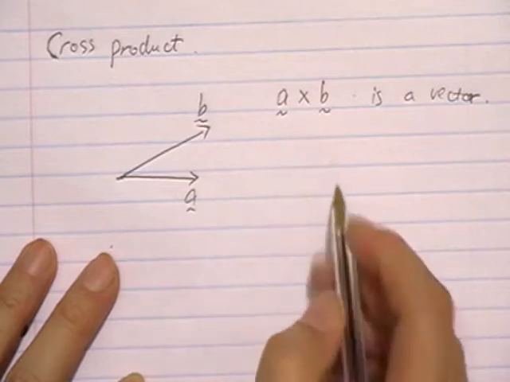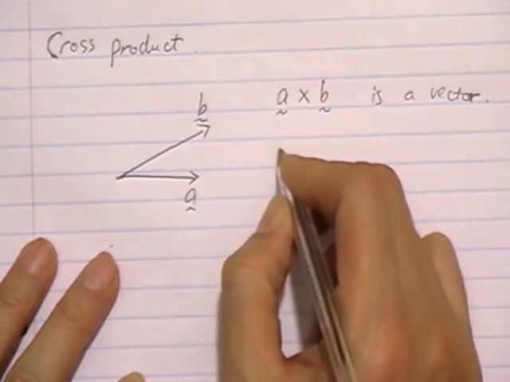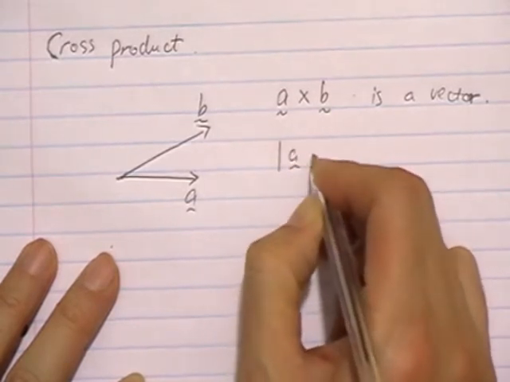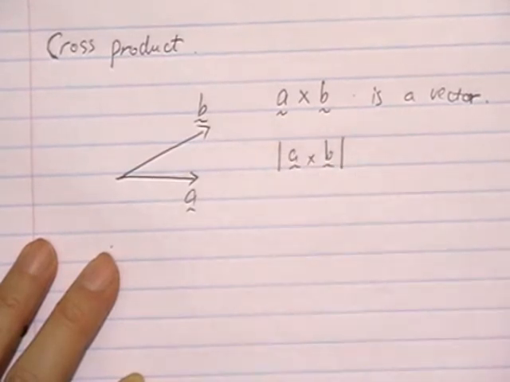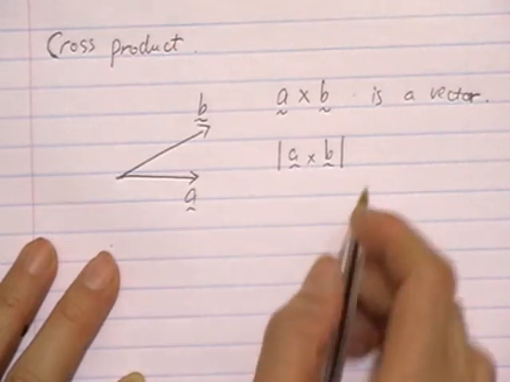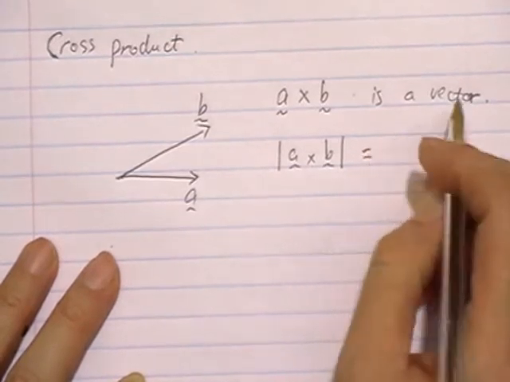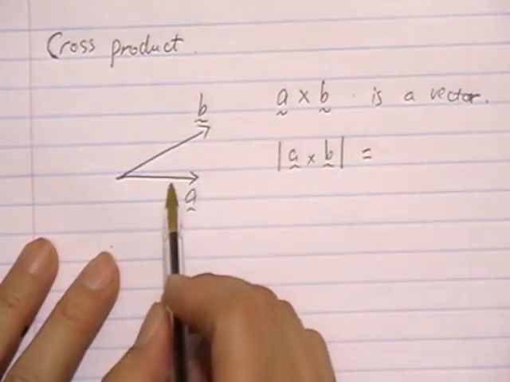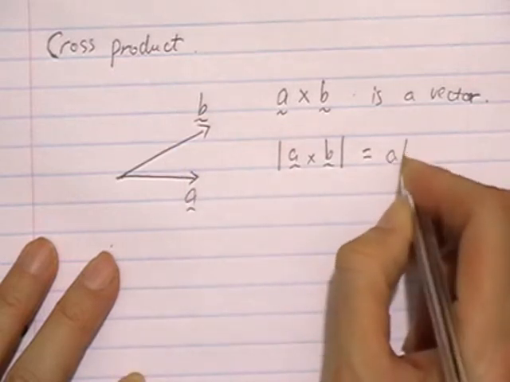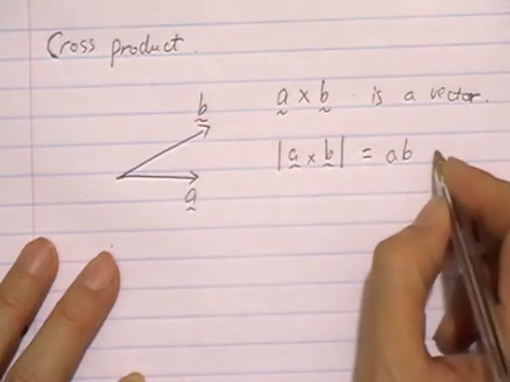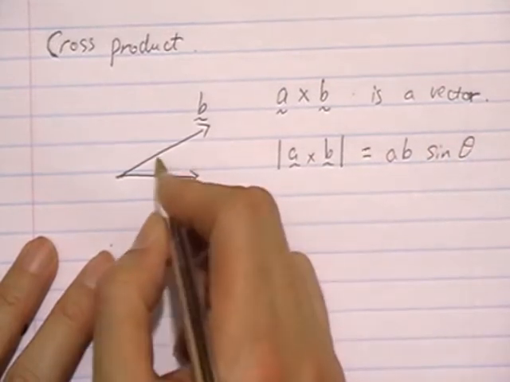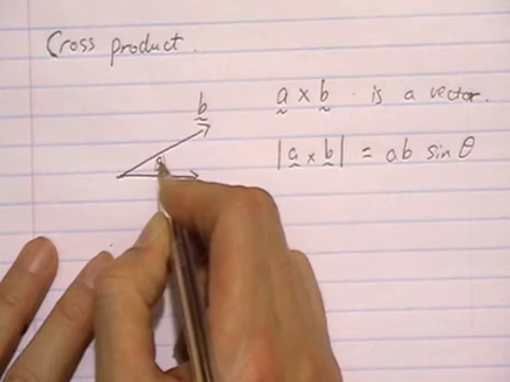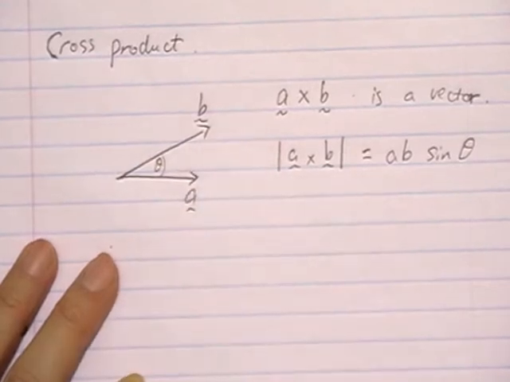The length of this vector, I shall describe it using this symbol, the two lines here, for the magnitude of the vector. The length of this vector is equal to the length of A times the length of B times sine of the angle between them, sine theta.